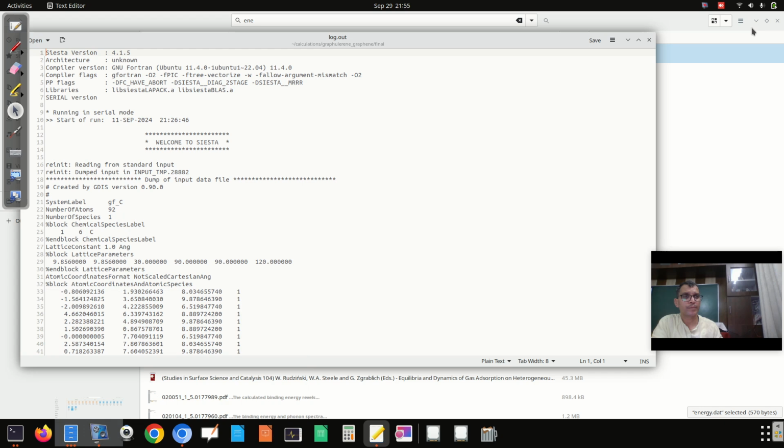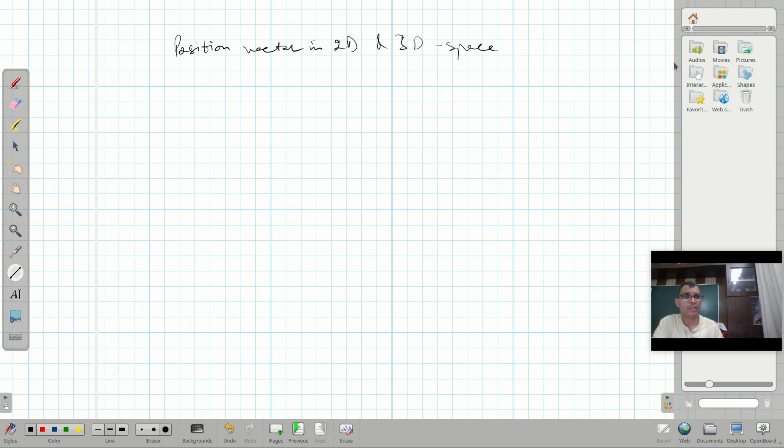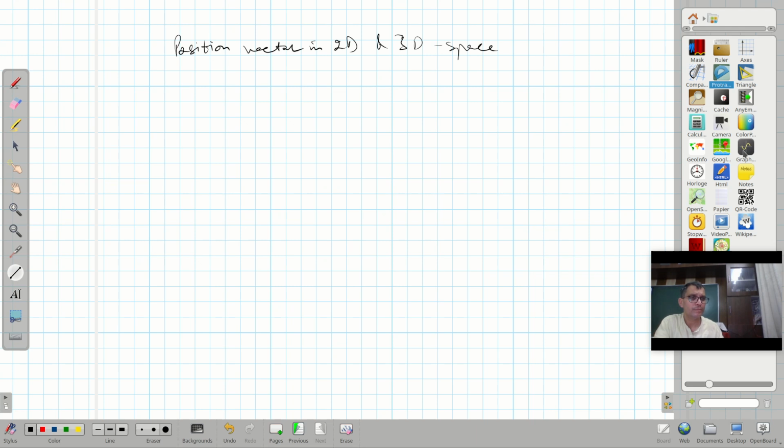So I have to talk about the coordinate system. Suppose this is a floor, this is the x-axis, and say this is the y-axis.